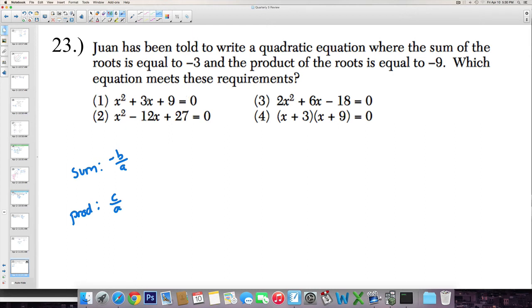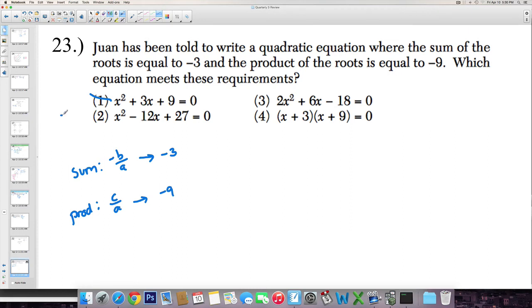So first one, we're looking for the sum of the roots to be negative 3, and the product of the roots to be negative 9. This one here, negative 3 over 1, that works. But c over a, 9 over 1, we need negative 9. It turns out to be 9. That one's out.